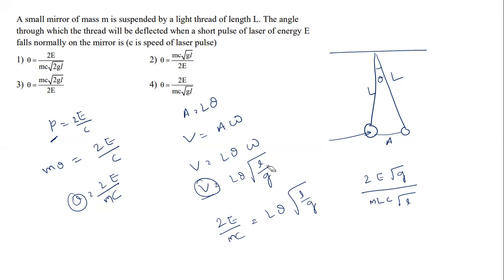This is omega is equal to root g by L. So here we will get L, here we will get g. One L will be cancelled. Then theta is equal to 2E by m c root Lg. Okay. So option 4 is correct.